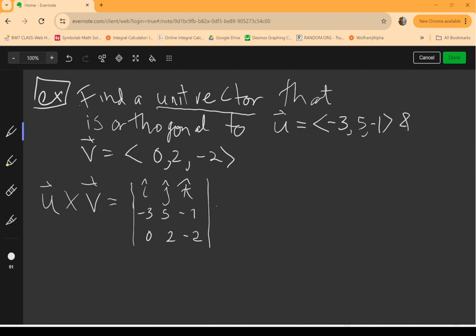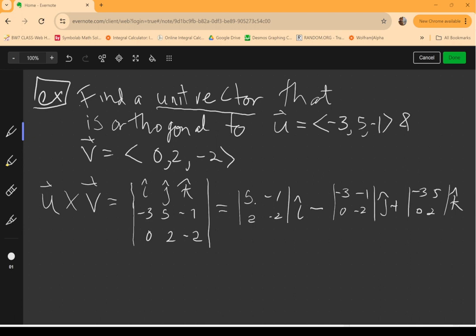Okay, and then we'll perform the first one by blocking out the first column, first row, and we're left with the submatrix 5, -1, 2, -2 times I hat, minus j, and then the submatrix by deleting the first row, second column, we get -3, -1, 0, -2, and that would be our j hat, and then plus, by eliminating the third column, first row, we get -3, 5, 0, 2, k hat.